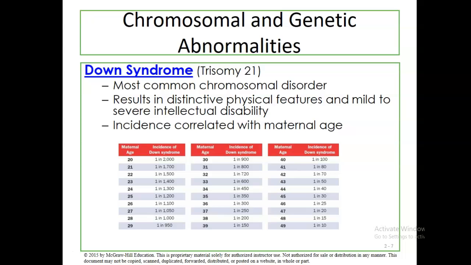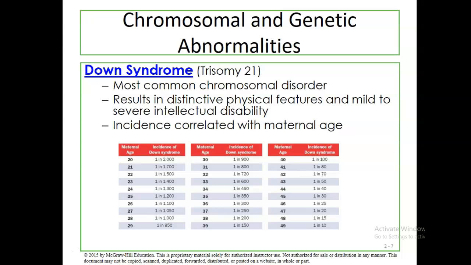But when we look at a general human population of 8 billion people, there are many women who are 40 years of age who are giving birth, and so one in every 100 of those births will result in Down syndrome. We typically refer to the maternal age of 35 as a high risk pregnancy.